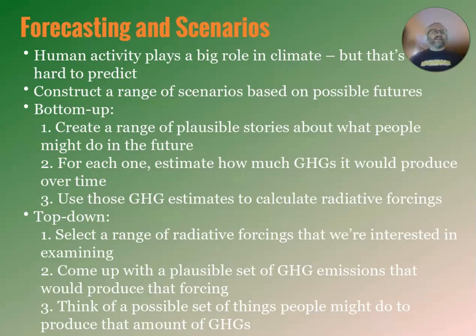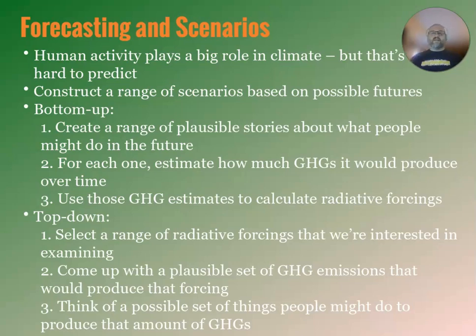It's totally unrealistic to expect that everyone is just going to turn the tap off and completely stop emitting all greenhouse gases tomorrow. So that's not a scenario we need to worry about, not a scenario we need to model out. But there are a range of things, some involving less emissions, some involving more emissions, that do seem within the realm of possibility. So that can constitute our scenarios.